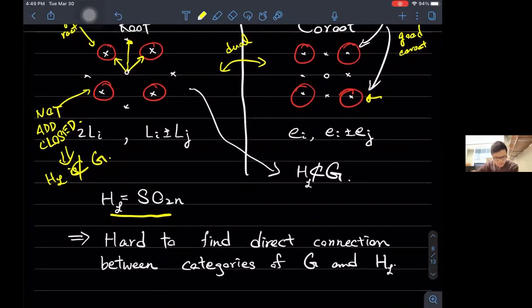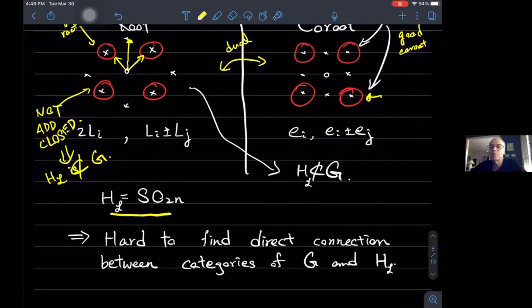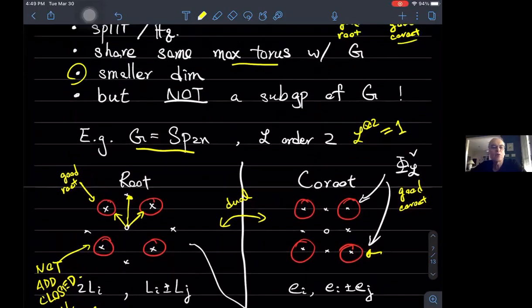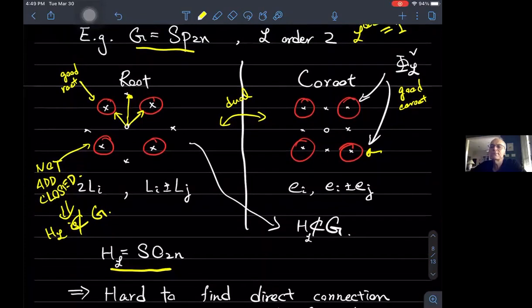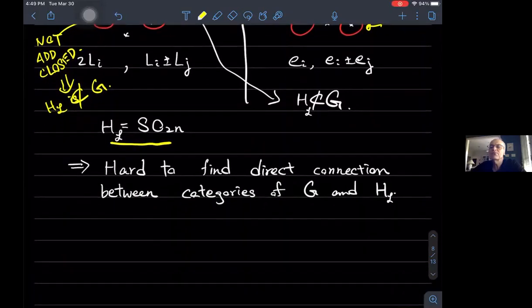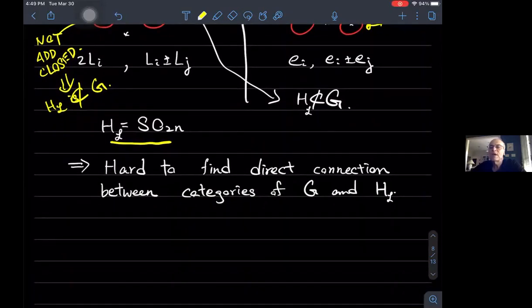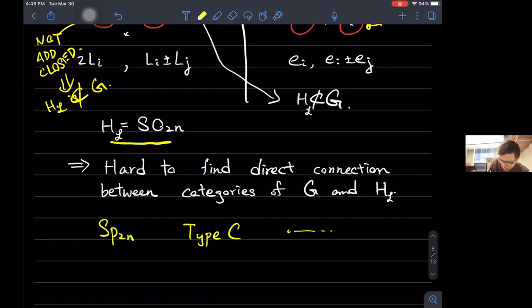Are there any questions? Yes. Could you remind me again, what is the Langlands dual of SP2N? Isn't that SO2N plus 1? Yes. So this is type C, and the Dynkin diagram looks like this. If you take the dual, it will become type B. Okay.